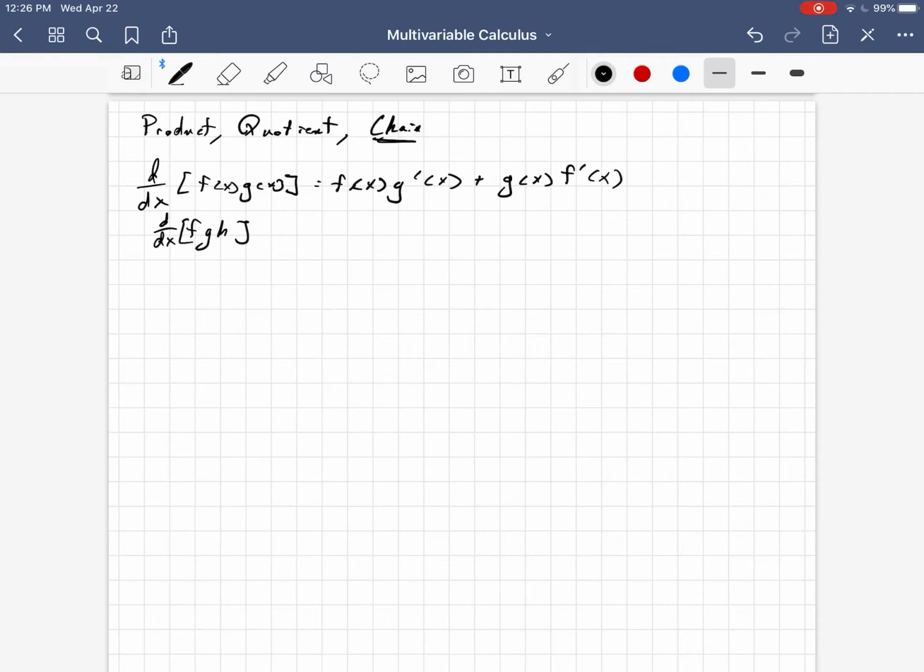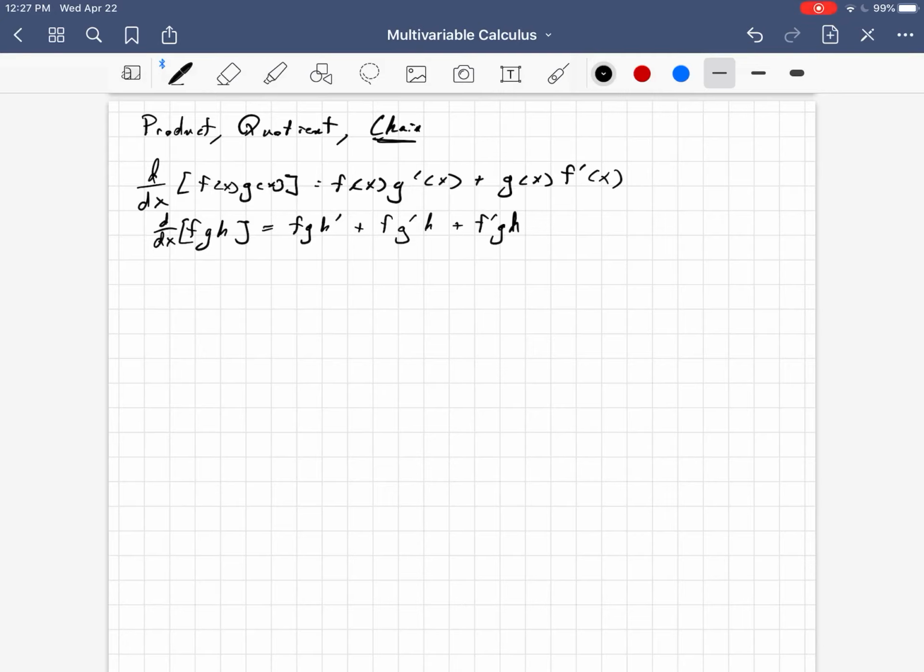If we had 3 functions in terms of x, say, I'm not going to write the f of x, I'm just going to write f, then just know that they're functions of x. If I had f, g, and h, and I want to take the derivative of all that, then it's a similar pattern. It's f times g times the derivative of h, plus f times the derivative of g times just the normal h, plus the derivative of f times just the normal g and h.